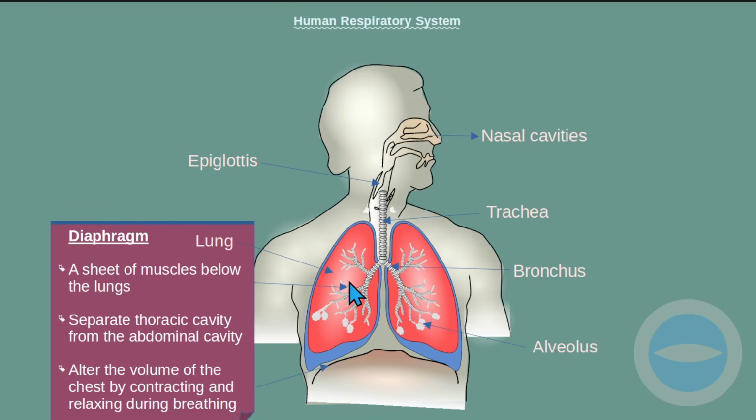As it increases, it pulls oxygen inside the body, and as it decreases, it pushes carbon dioxide out of the body. So this is the function of the diaphragm. It's a sheet of muscle below the lungs, and it separates the thoracic cavity, which is the chest cavity, from the abdominal cavity. And it alters the volume of the chest by contracting and relaxing during breathing.